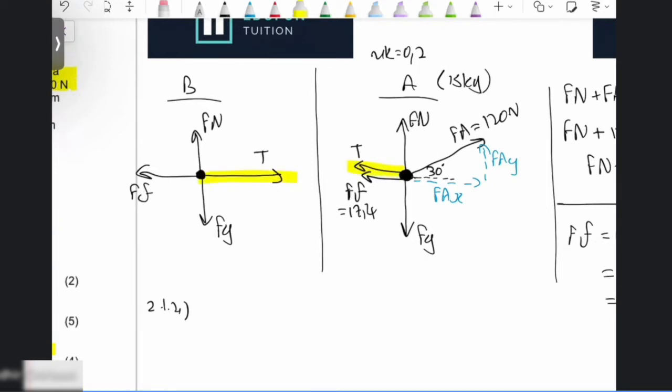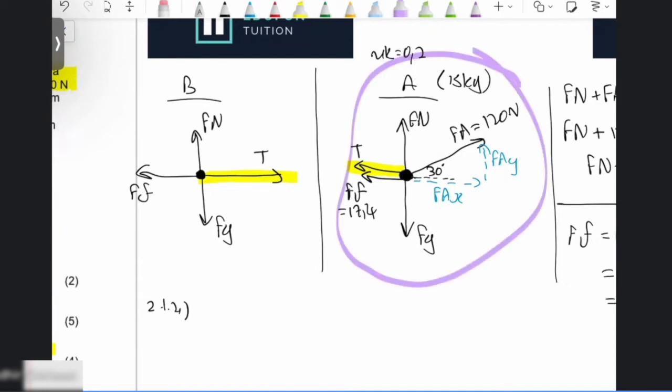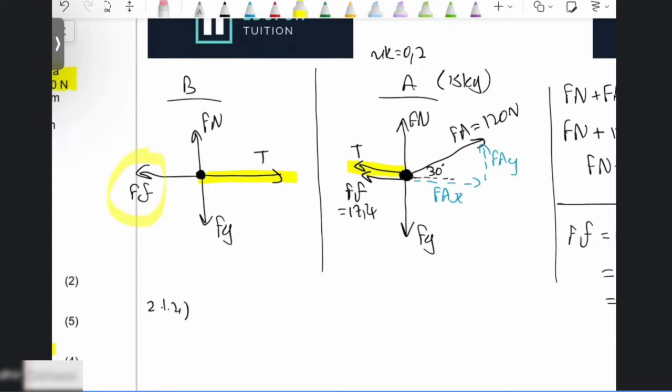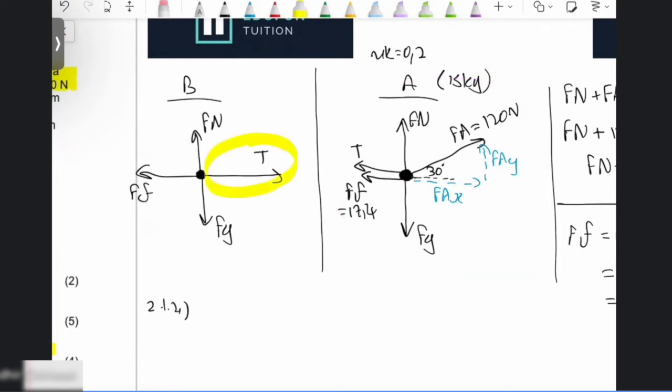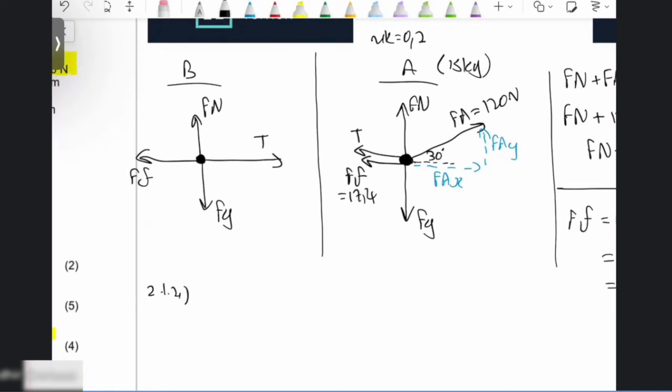What I would suggest is we work first with block A, because unfortunately we don't have the friction on this side. So let's work with the things that we do know. We pretty much have everything in this one except the tension. And in the other one, we don't have tension, nor do we have friction. You could have solved it either way, but let's sort this one out.